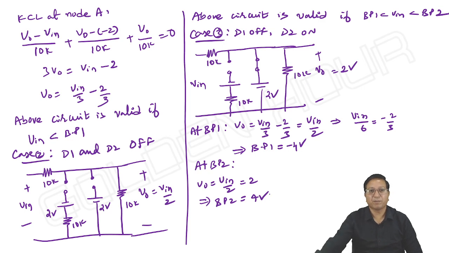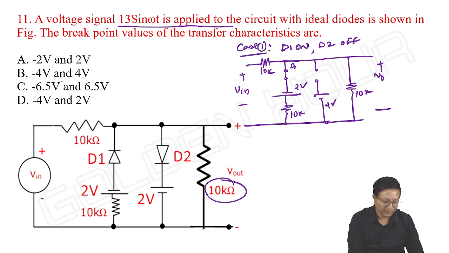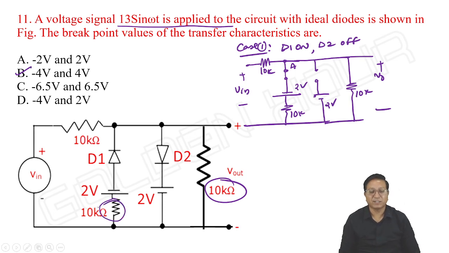Okay, now coming back to the question: a voltage signal 13 sin omega t is applied to the circuit with ideal diodes shown in the figure. The breakpoint values of the transfer characteristics are -4 and +4 volts. Even though this 10K resistor is present, what you can see is the breakpoints as -4 and +4.